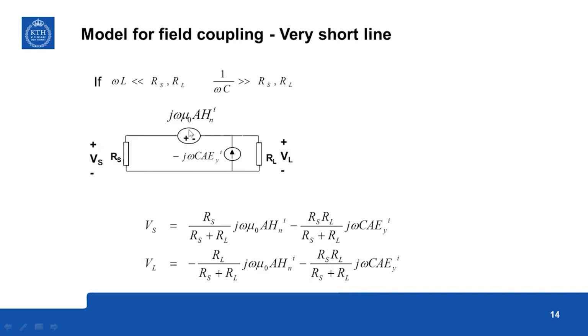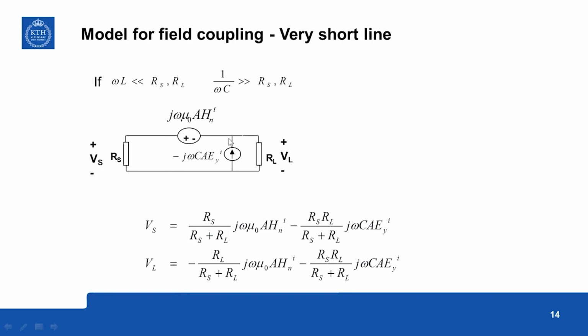We can apply the superposition theorem. First, this source. The total current is this voltage divided by the sum of the resistances, multiplied by Rs, which will give you this voltage due to this source.